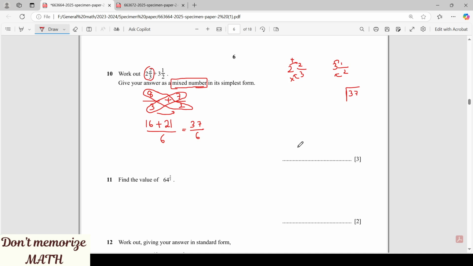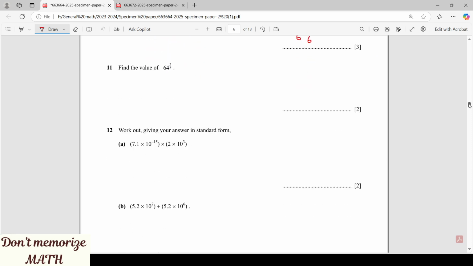What is remaining? We need one more to make 37, so 1 over 6. By the division method, 36 divided by 6: 6 times 6 is 36, and 1 is remaining. So we write 6 1 over 6. So that's the answer.